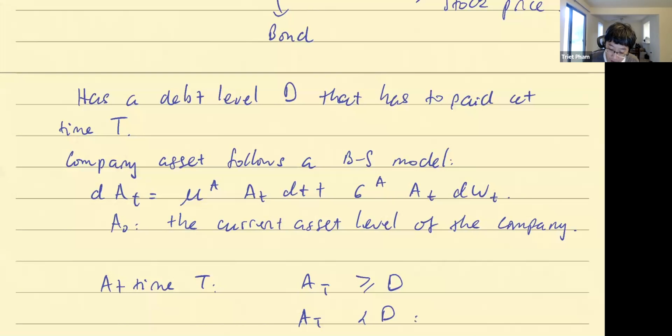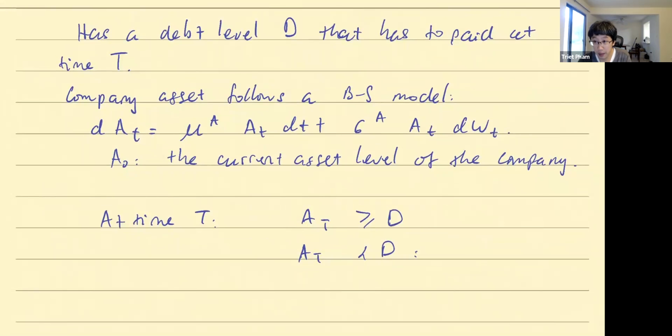If the company has asset less than the debt, then they have to pay everything to the debt holder, the bond holder. So basically, the equity investor, meaning the one who has equity in the company, has nothing left, or the equity level when the asset is below that level is zero.